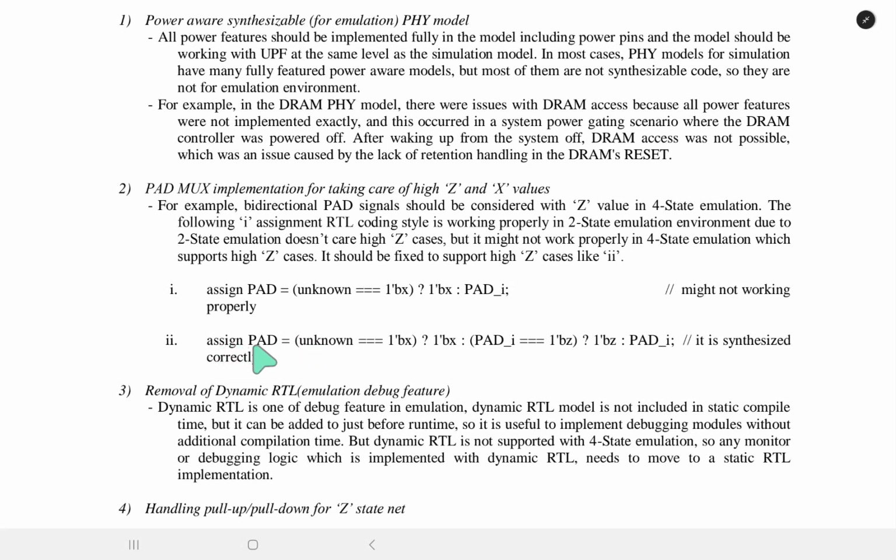And the second one is consideration of the PG pin, and whether it is synthesized correctly.